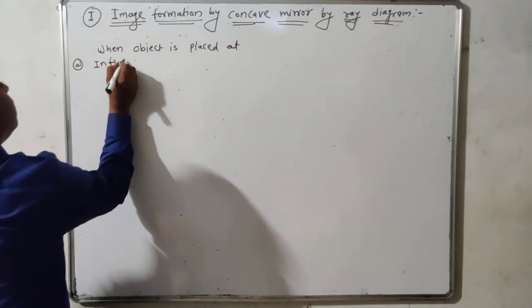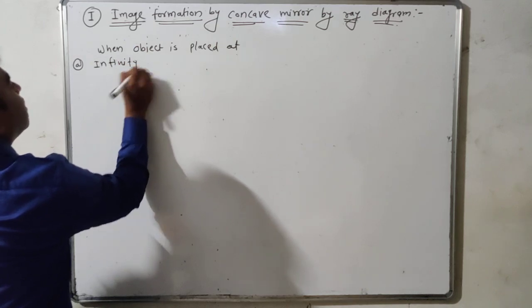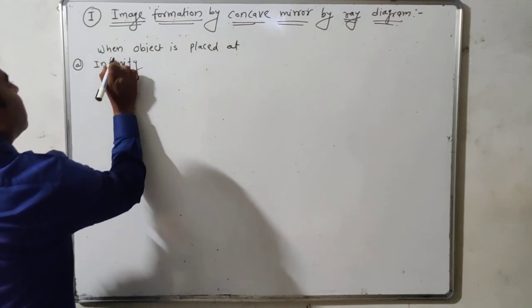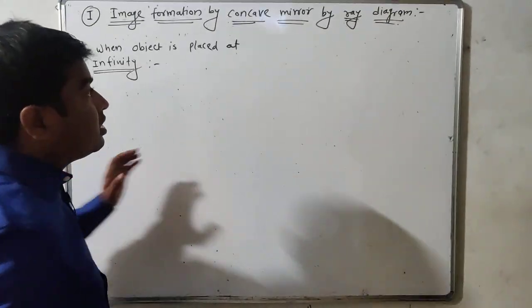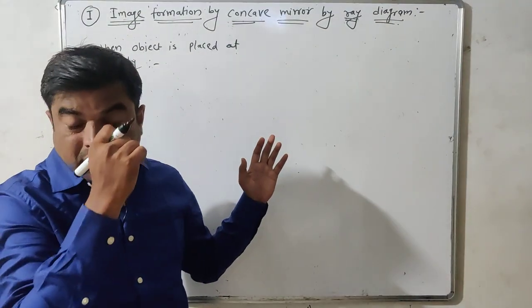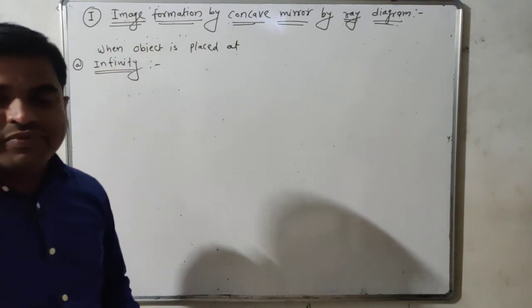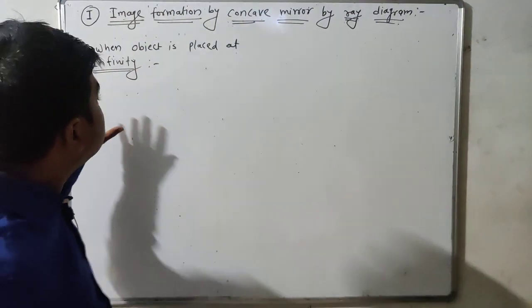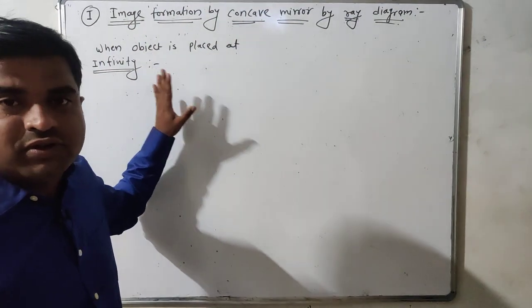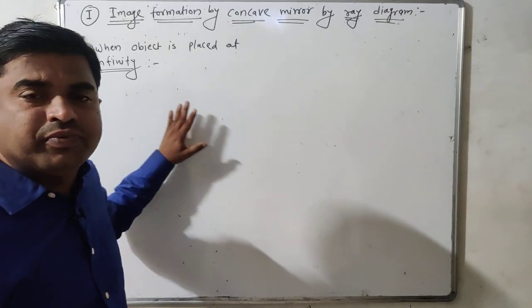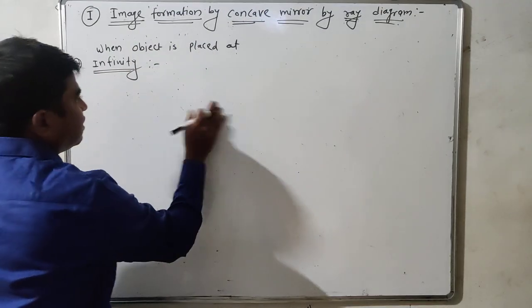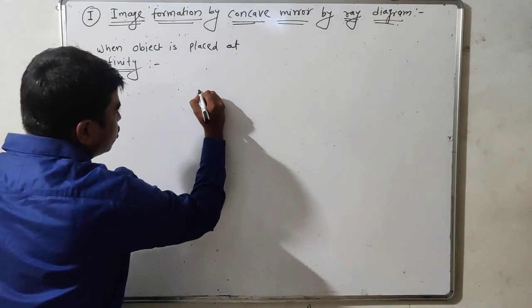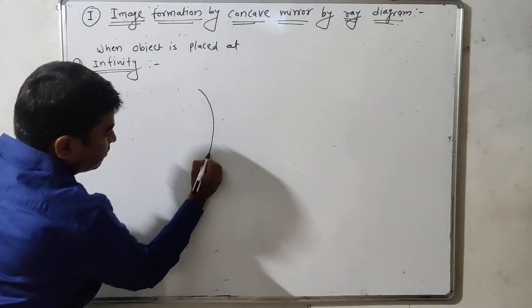First of all, we place that linear object in front of the spherical mirror, that is concave mirror, but at infinity, and we are going to find the position of its image using ray diagram. For that, first of all, we take this concave spherical mirror.